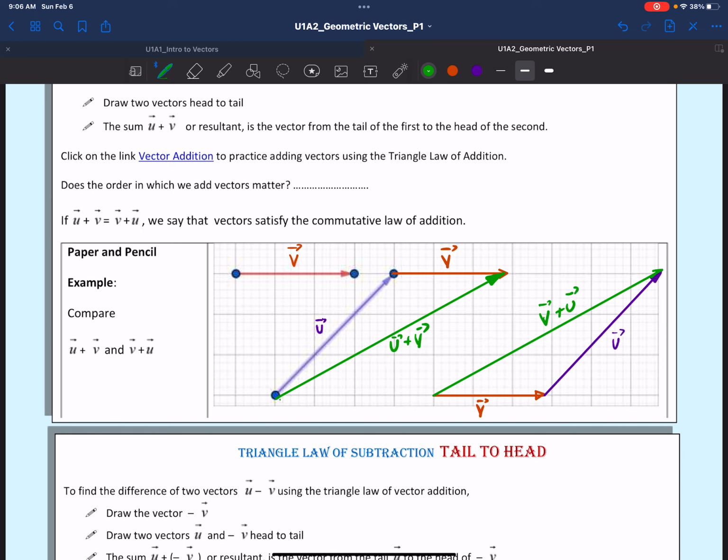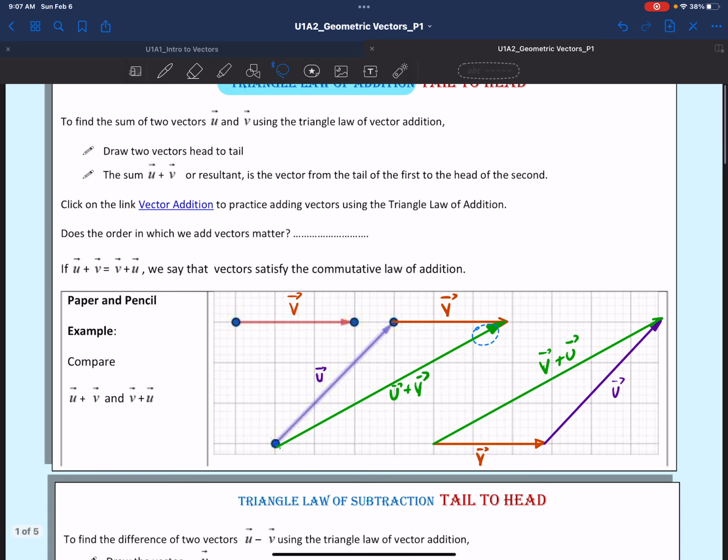And now I want us to compare vectors u plus v and v plus u. Are they the exact same vectors? So for the purpose of comparing them, I'm going to drag this vector here, u plus v, to v plus u, and as you can see, they coincide. So they're exact same size and same direction.